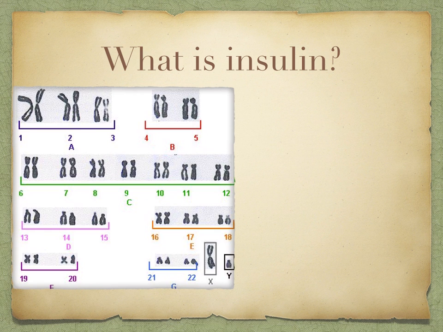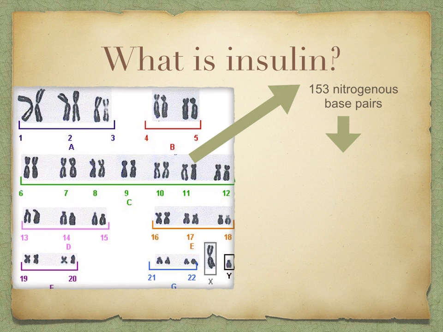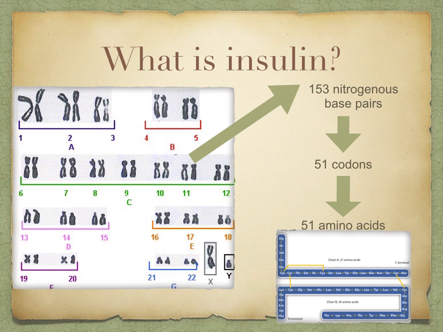The gene for insulin is found on chromosome 11, and it's only got 153 nitrogenous base pairs. This means it's got 51 codons. So how many amino acids are there? There are 51 amino acids.